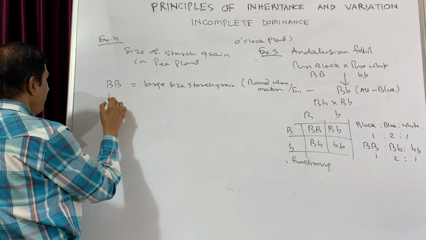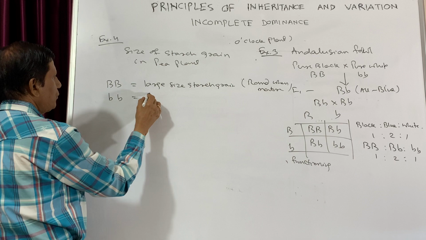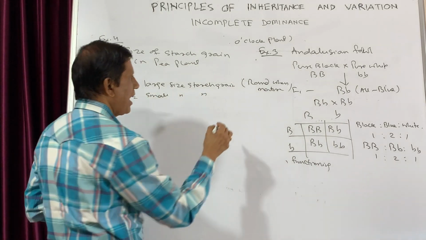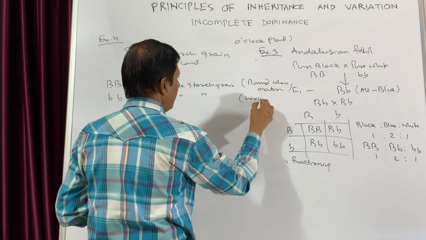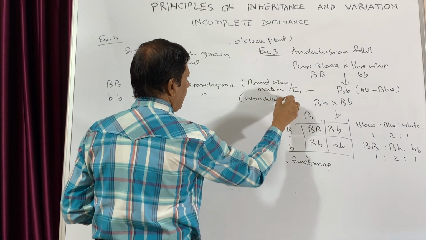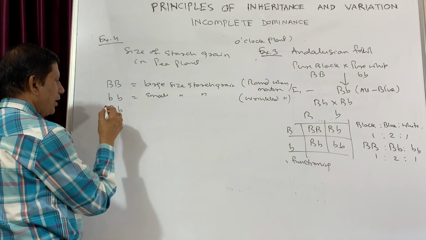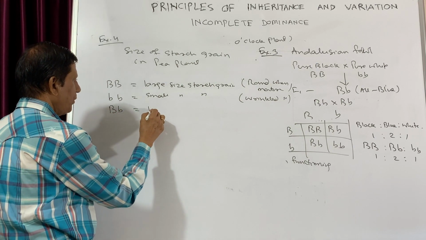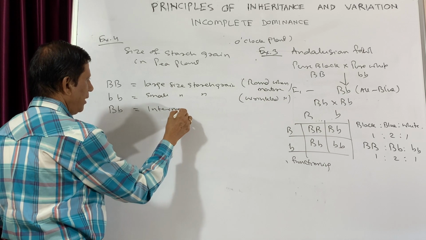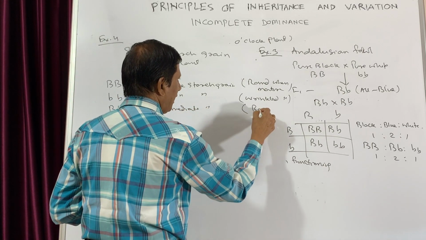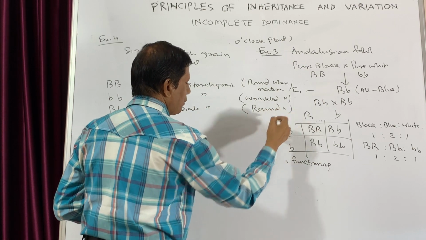Now the bb gives rise to small size starch grains, and they are wrinkled when mature. But capital B, small b, gives rise to intermediate starch grains, but these are round when mature.